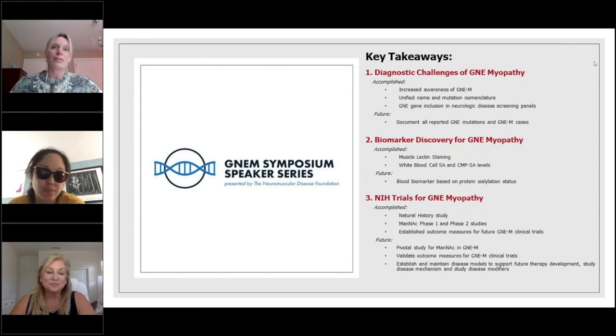Yeah, an ideal biomarker for GNE myopathy would be a muscle marker for showing an effect in the affected tissue. However, it is not a very practical marker because of the access to muscle, and a muscle biopsy needs to be performed. So a blood biomarker will be way more practical and maybe as informative as muscle.